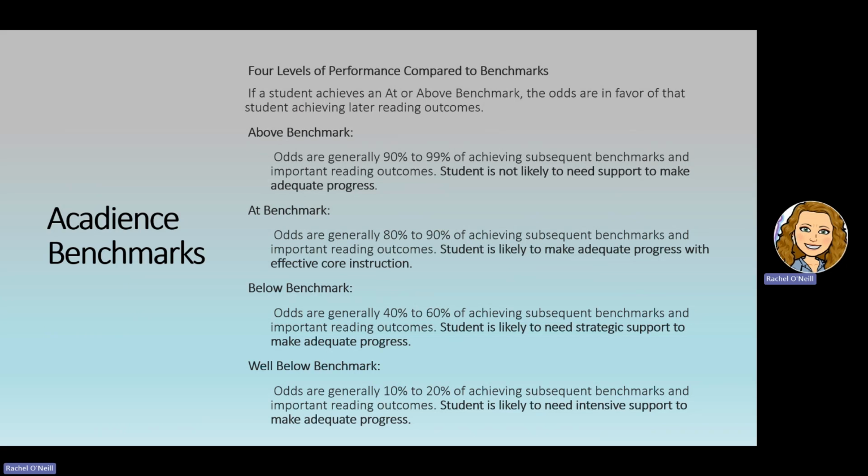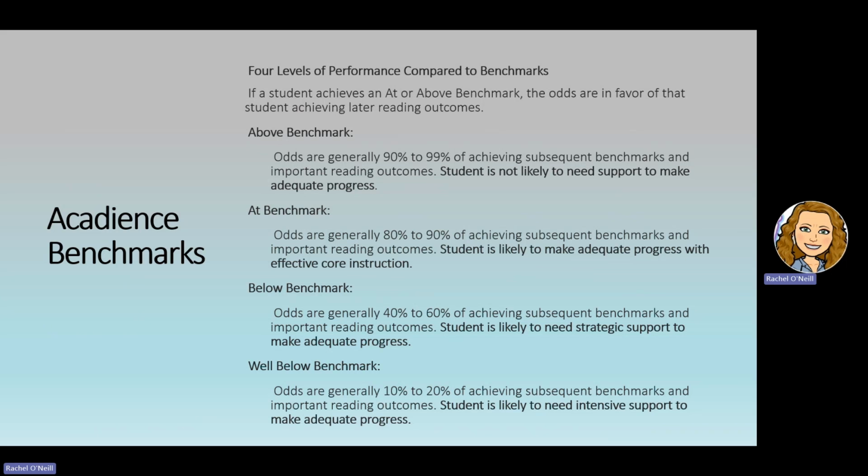Above benchmark is the level for which the overall probability of achieving subsequent goals and reading outcomes is 90 to 99%. While students who achieve this level are not likely to need additional instructional support to achieve the next benchmark, we do want to be sure we continue to challenge these students.